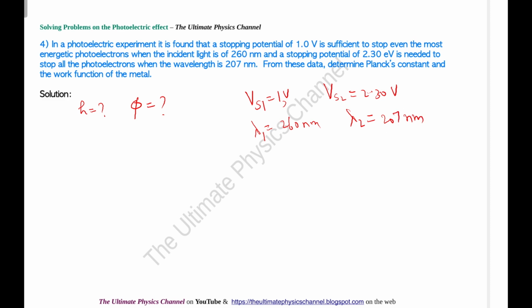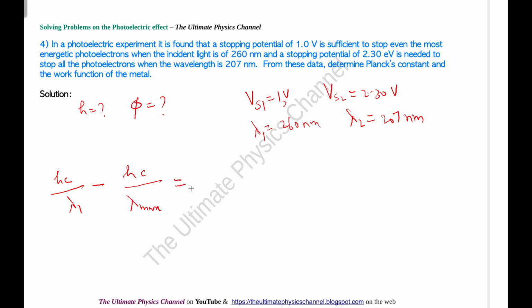Therefore, we can write the photoelectric equation twice, right? The first case we would write as hc over lambda 1 minus hc over lambda max for the given material. That will not change, so it is only lambda max.